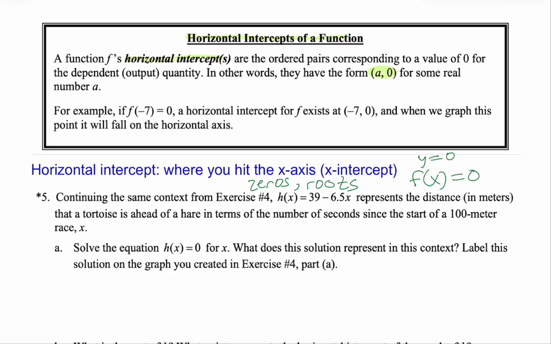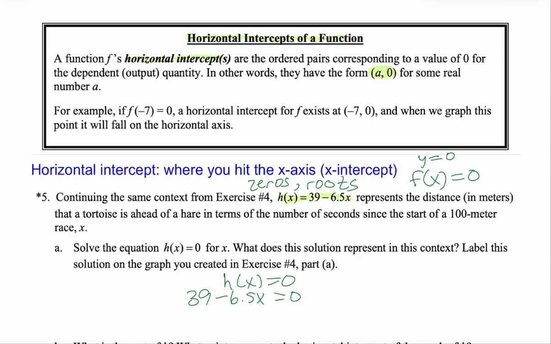So if we continue the same context from exercise 4, same equation, let's highlight that equation. Let's solve for where h of x equals 0. You're going to write down your equation, 39 minus 6.5x, and set it equal to 0. Now, there's a few different strategies to solve that.